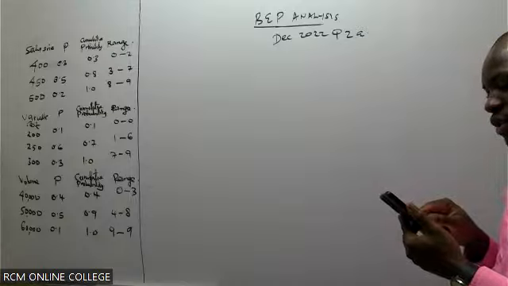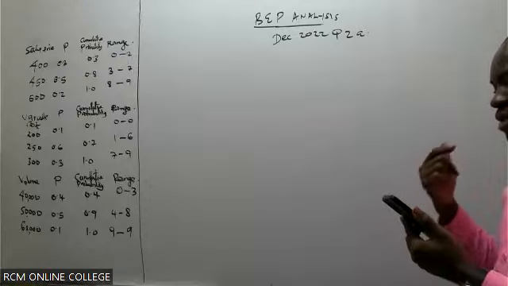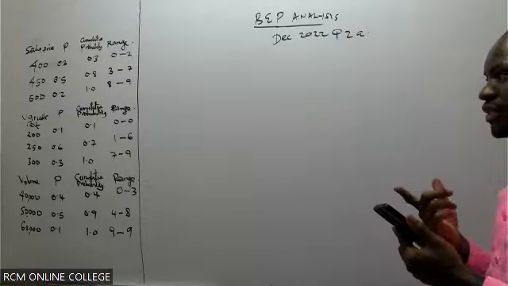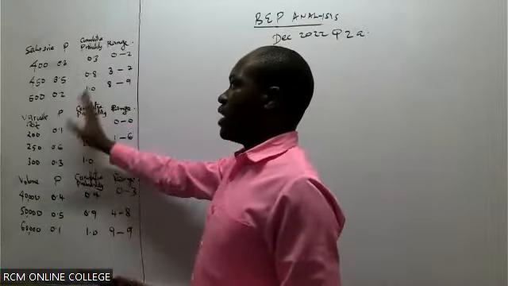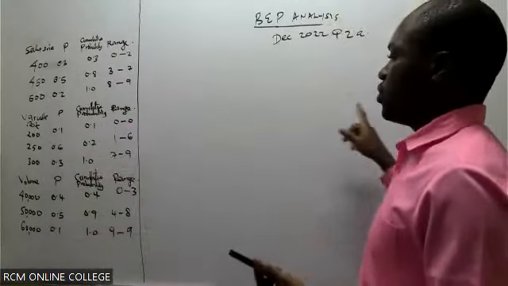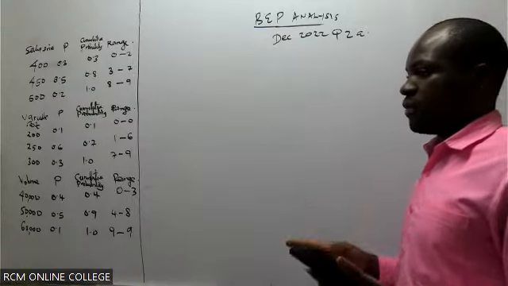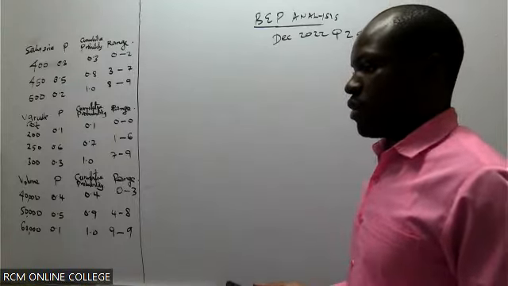Then we are being told there are 3 uncertain factors, namely selling price, variable cost, and annual sales volume. So these things here, they are not sure. That's why we are given the probability. And therefore, the random numbers we are going to have will enable us to identify the specific item to pick.